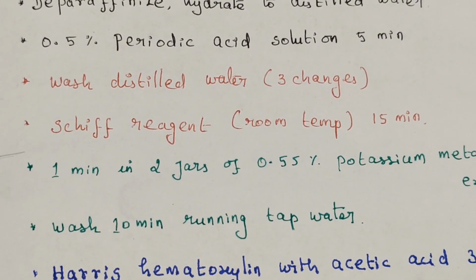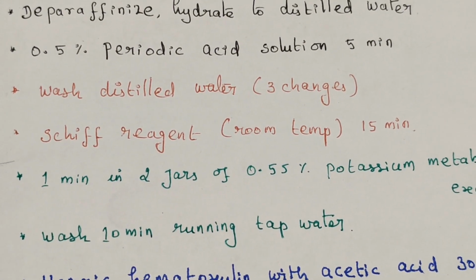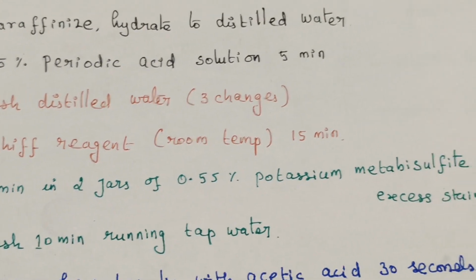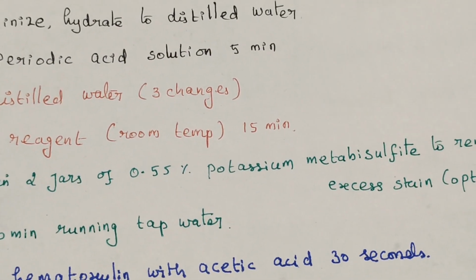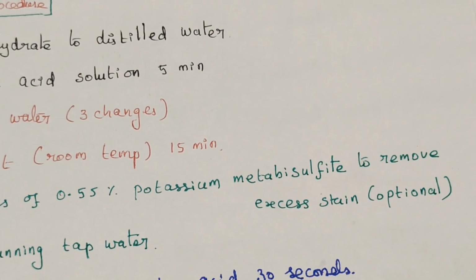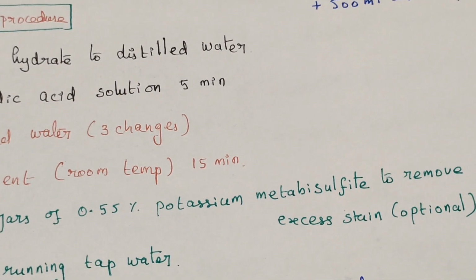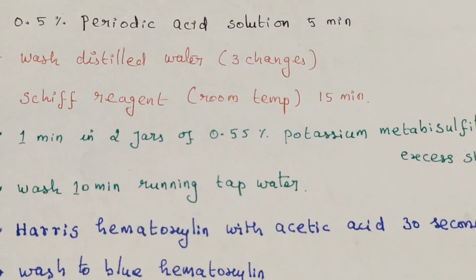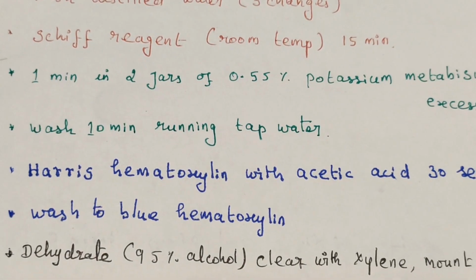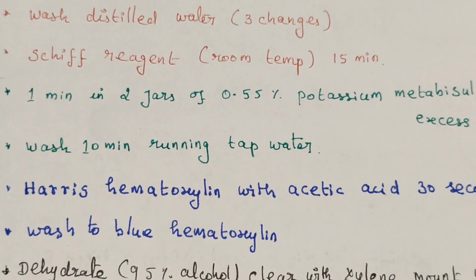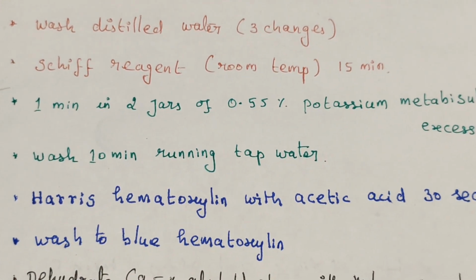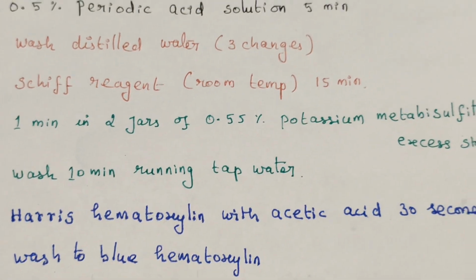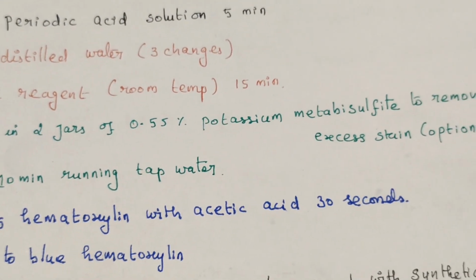Then leave the section for 1 minute in a jar of 0.55 percentage potassium metabisulfite to remove excessive staining. This one is the optional method only. Then wash with 10 minutes running water. Then add Harris hematoxylin with acetic acid.